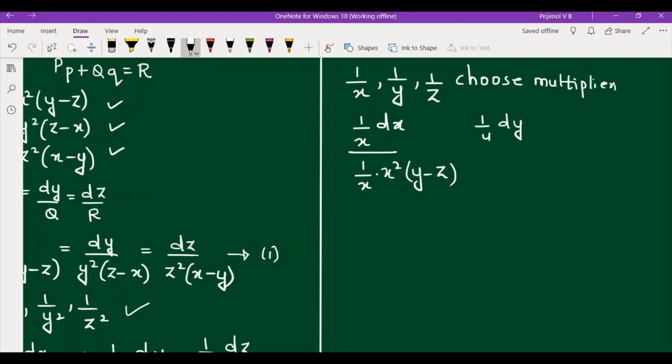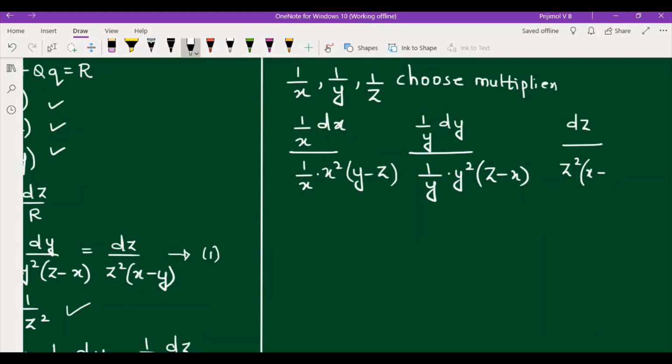So here you have to multiply by 1 by y, 1 by y into y square into z minus x, and our third ratio was dz by z square into x minus y. Okay, so in the third ratio we are going to multiply by 1 by z, and then we are going to make this denominator as common, and then we are going to add all these terms.